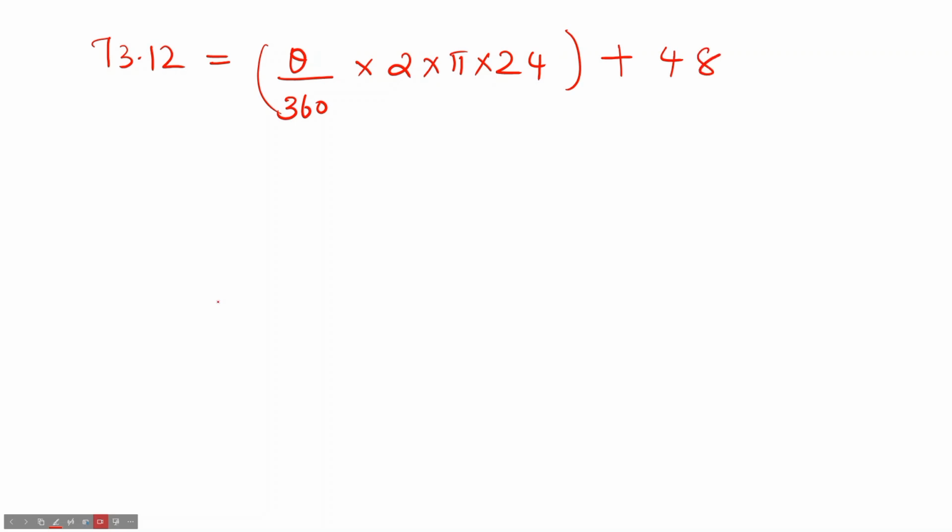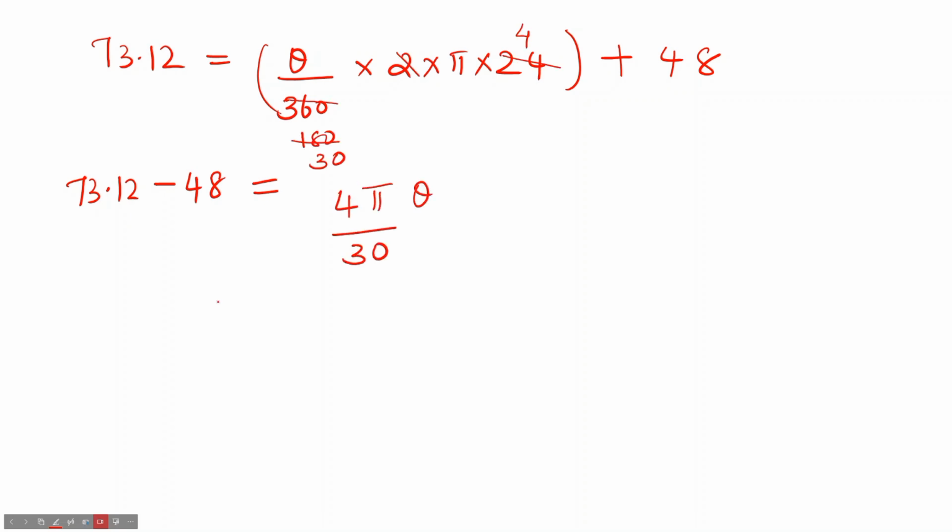So 73.12 equals theta divided by 360 times 2 pi r plus 48, and 73.12 minus 48 equals 4 pi theta divided by 30, and theta equals 25.12 times 15 divided by 2 times 3.14.